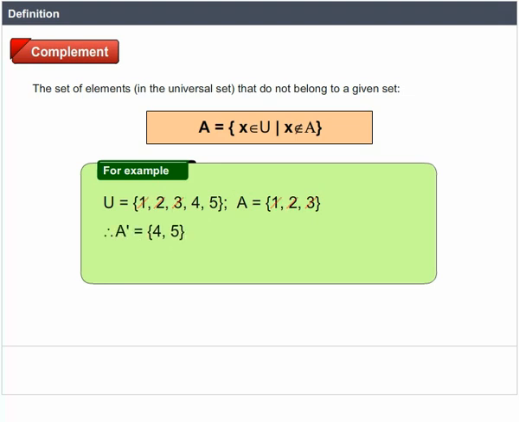Then A dash equals {4, 5}. How are we getting this? We just compare the elements with the universal set. We generally call U the universal set. We are comparing A and U. What elements are not in A? We just write them. That is called A dash.